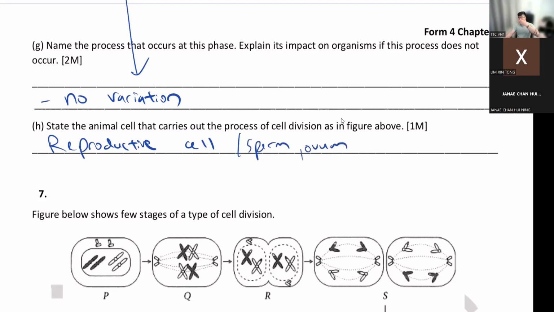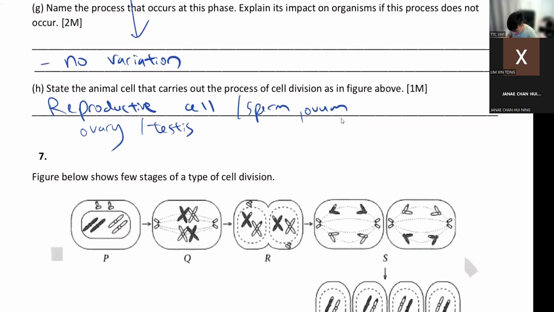Things like that. You want to say ovary and testes also can, because it's our ovary and testes that make the sperm and ovum. Right, easy. Okay, let's do one more, shall we?